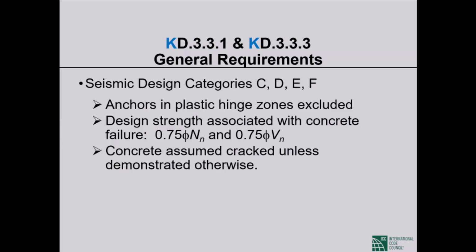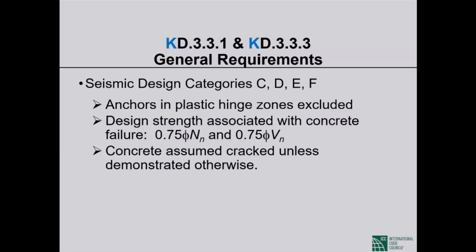There are multiple concrete failure modes that we have to consider under Appendix K. If it is a concrete failure mode, the corresponding nominal strength has to be reduced not only by a phi factor, which is usual, but by an additional 0.75 factor. So in other words, we lose 25% of the strength of an anchor right off the bat because it is a seismic application, seismic design category C, D, E, or F.